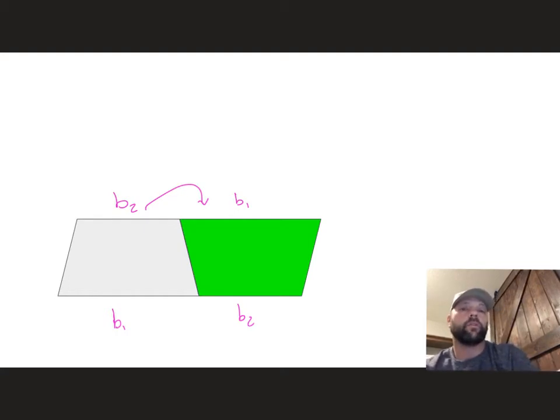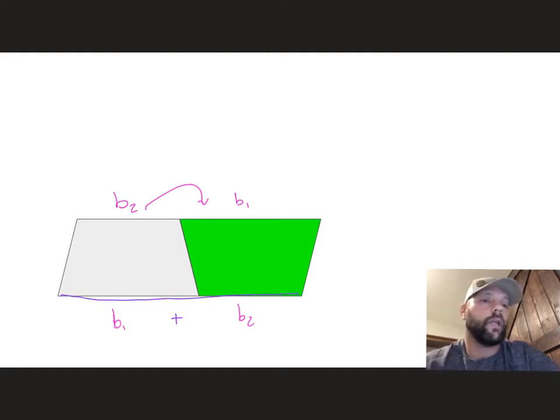If I were to combine both of these, I have this side and this side. When I combine them, I actually end up adding them together. When I add those two together, that gives me this full length right here. Once I know what that full length is, that's why I end up dividing it by 2, because it takes 2 of those shapes in order to get it.